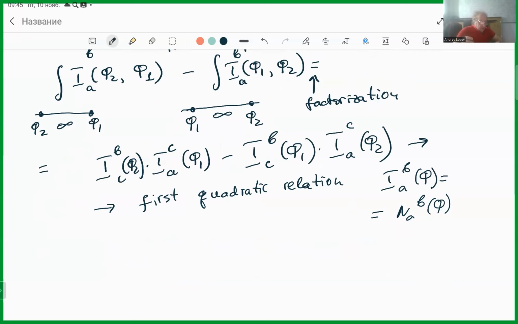Okay, so when we can do this case, we can do a more complicated case.